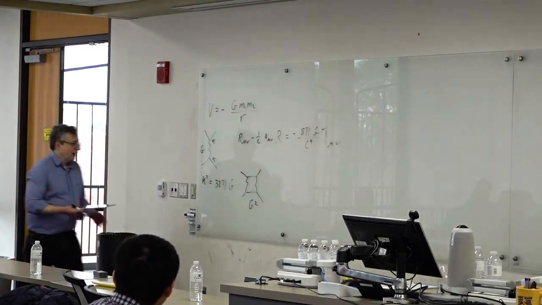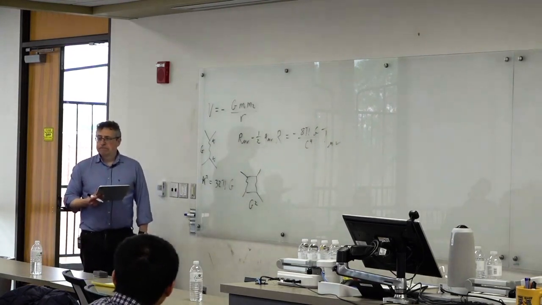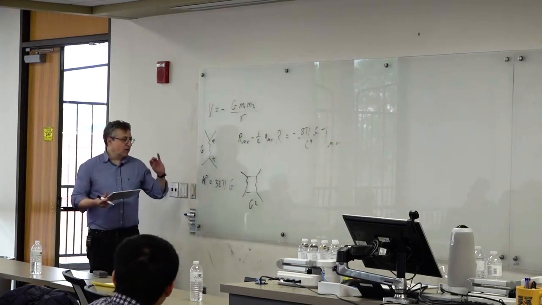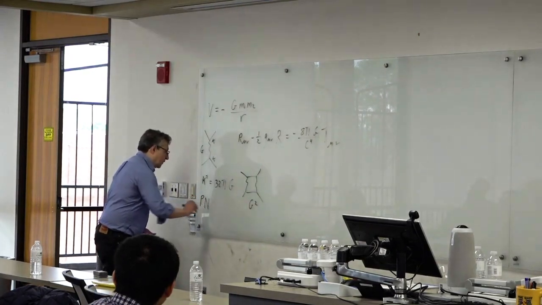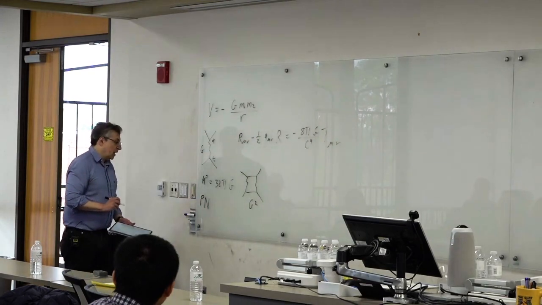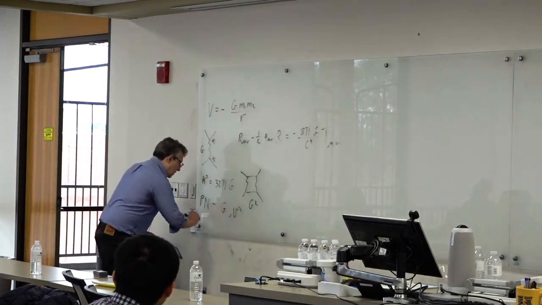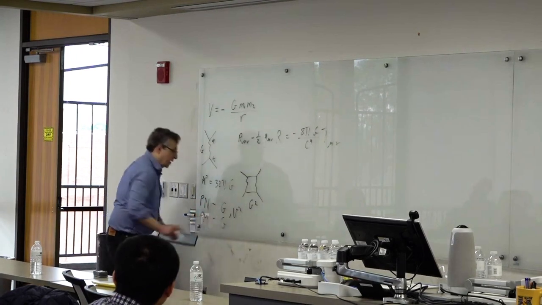Okay? The reason that you don't talk about post-Newtonian is because formally you're including all orders in velocity. Post-Newtonian is an expansion in G and v squared. This is what we call post-Minkowskian, an expansion in G.